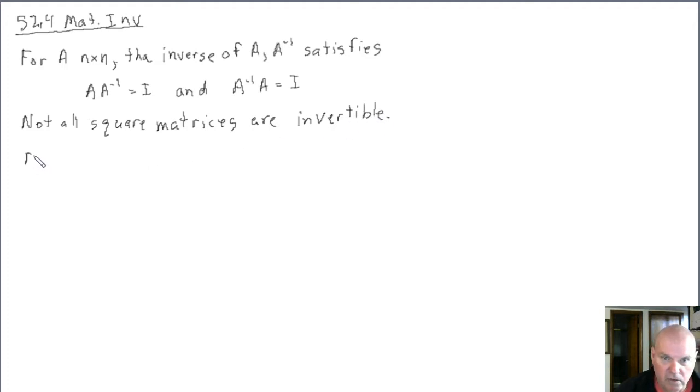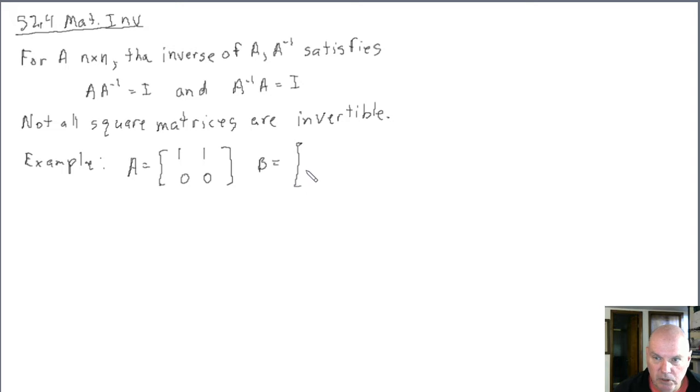So let's look at a simple example to illustrate this. Let's take the case that A is equal to 1, 1, 0, 0, and I'm going to let B be a completely arbitrary 2 by 2 matrix with all four elements unknown, indicated by a, b, c, d.